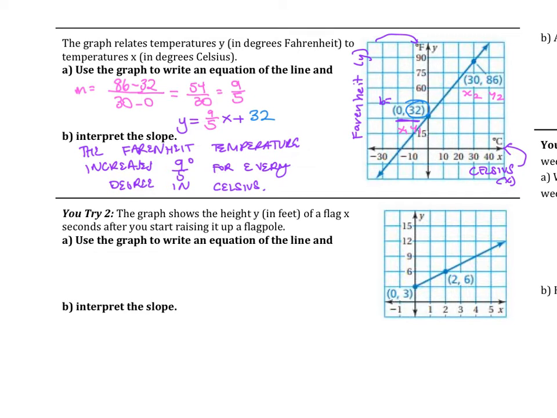So again, I'm using the words here. So the Fahrenheit temperature increases 9/5 degrees, right? That's our slope for every 1 degree Celsius. That's really what this is telling us.